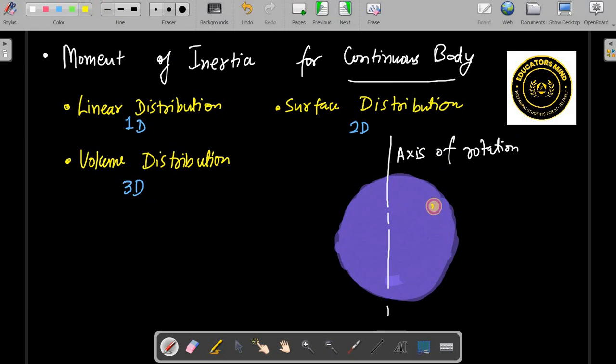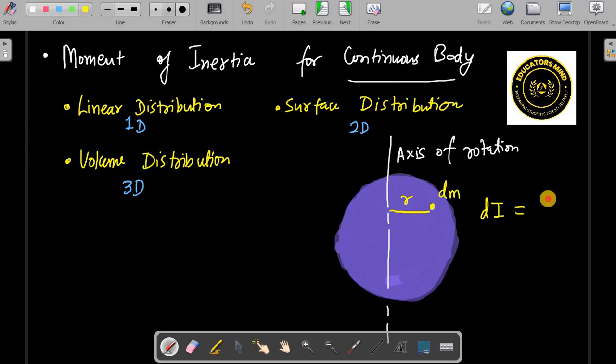So let us say this is a point on the body, and in general this point has a small mass dm, right, and it is at a distance of r. So we'll calculate a small inertia which you say as dI.